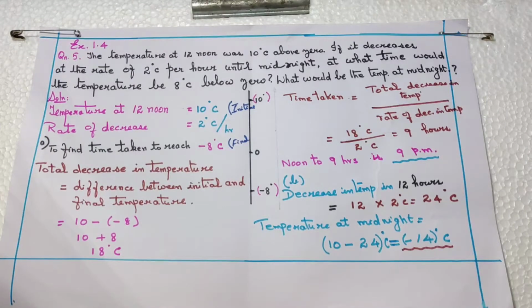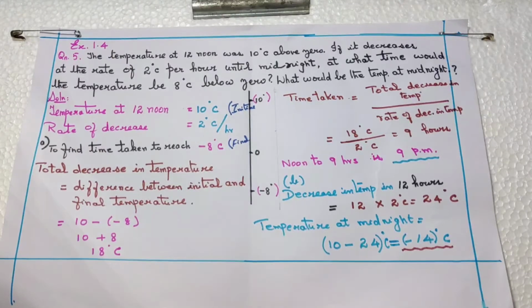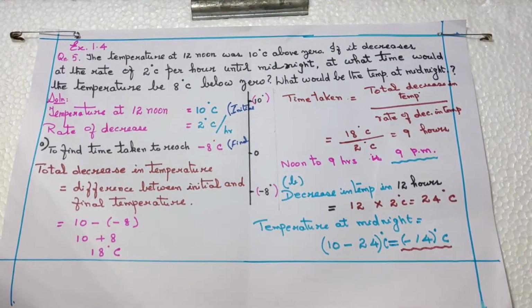When it is constant, we say rate of. It decreases constantly until midnight. Now, they are asking us to find at what time the temperature will be minus 8 degrees Celsius.